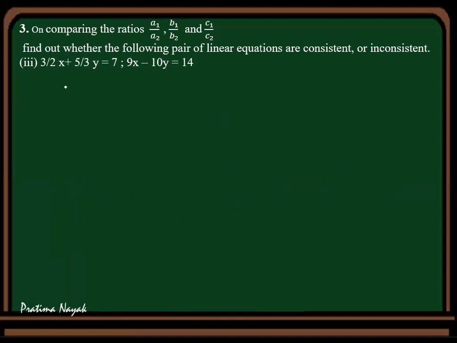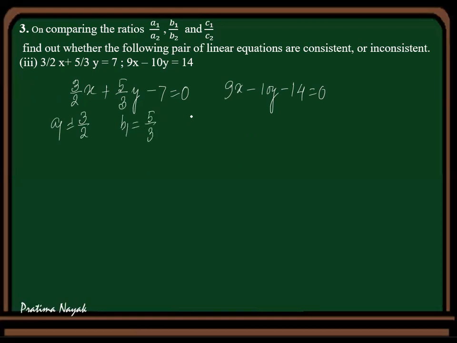Now third part. It is 3 by 2 x plus 5 by 3 y minus 7 is 0. Second is 9x minus 10y minus 14 is 0. So a1 is equal to 3 by 2, b1 is equal to 5 by 3, c1 is equal to minus 7. a2 is equal to 9, b2 is equal to minus 10, c2 is equal to minus 14.